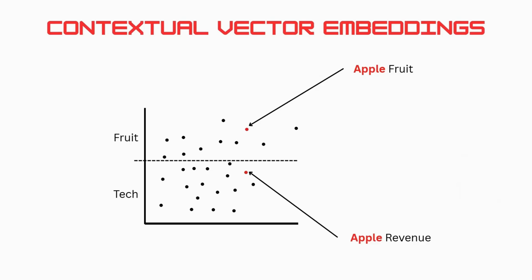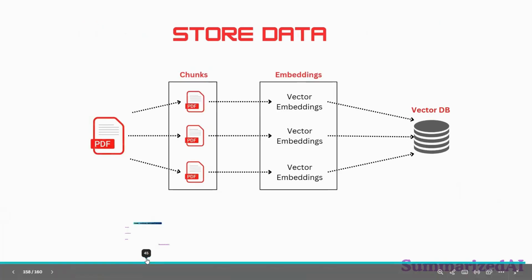Apple as a fruit is closer to banana or orange, and Apple as a tech company is closer to Microsoft or Google. Here it has that context. Now, these embeddings are then stored in a vector database, a specialized type of database designed for fast similarity searches.